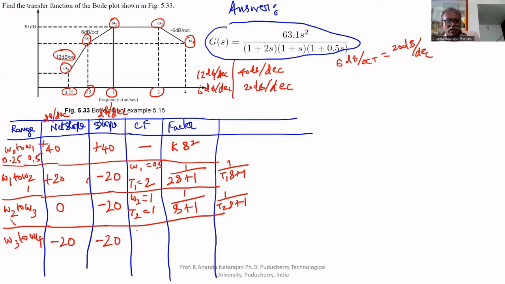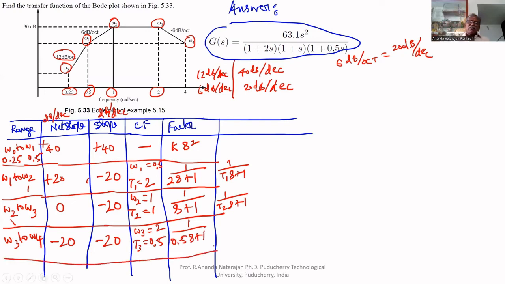Omega 3 is given as 2, therefore T3 equals 1 by 2 equals 0.5. Therefore, the factor is 1 by 0.5s plus 1. After that, there is no frequency response, so we cannot write anything. The only thing is we got this factor, this factor, this factor.